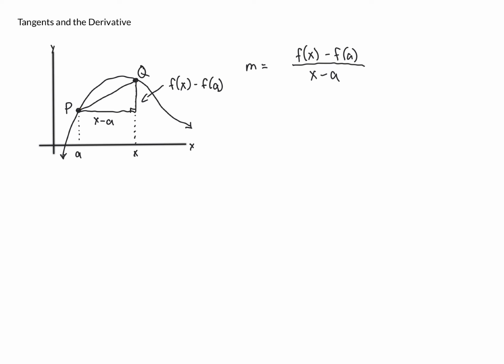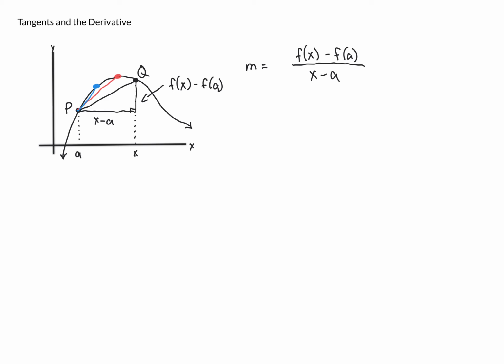Now, if we want to get a better approximation, we know that we can take a value of Q that's closer to P along the graph. Let's use some different colors. We can pick this point, and we can look at that secant line. We can pick this point, and we can look at that secant line. And these are getting closer and closer.